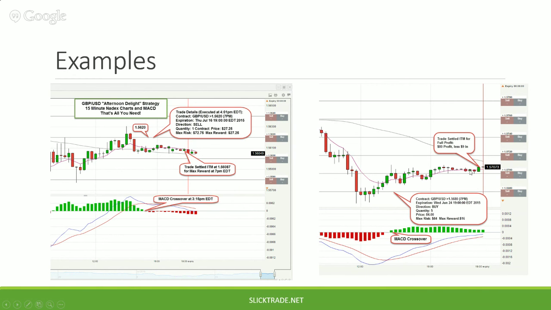And if you notice over here, the trade settled in the money for full profit. So this one was bought at 84, okay? So the risk was 84, the reward was 16. I usually don't do this. Like I said, I like the 80-20 or 70-30.